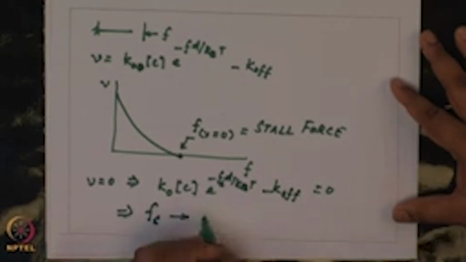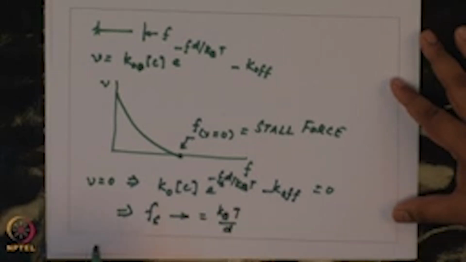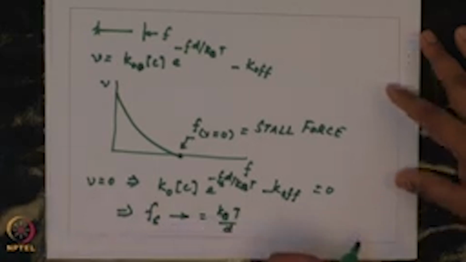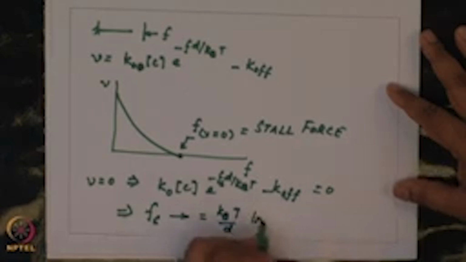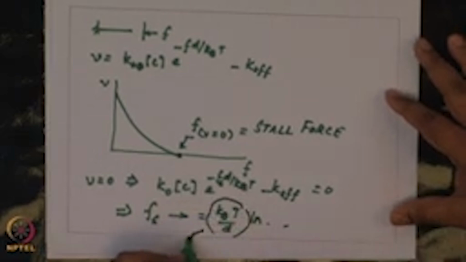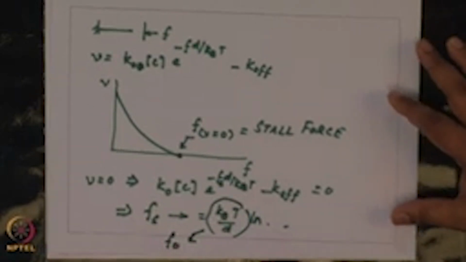Okay. So, this will turn out to be k_B T by d times log of k_0 c by k_off. This is some intrinsic force scale, you can call it f_0.